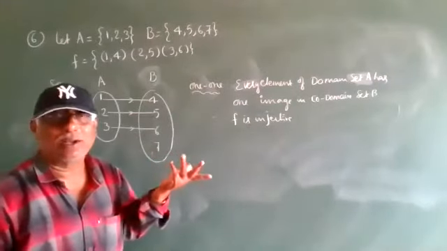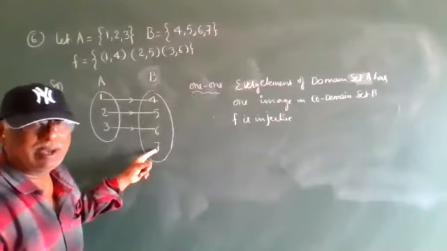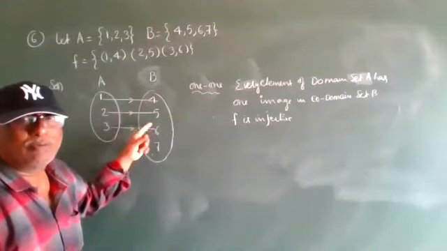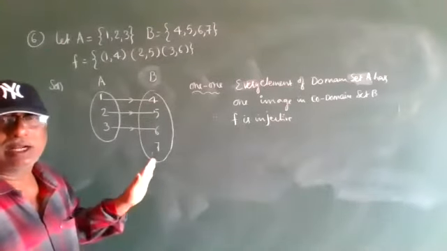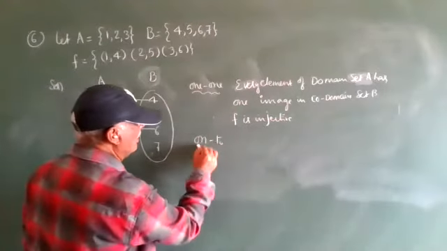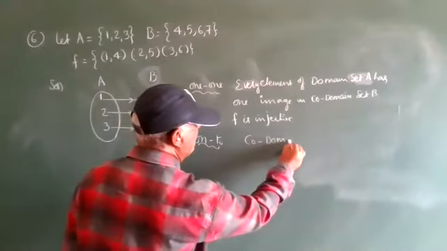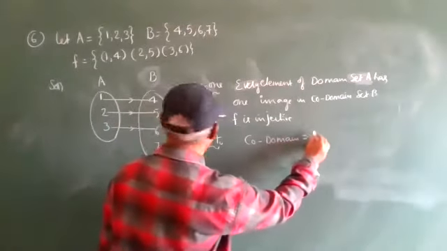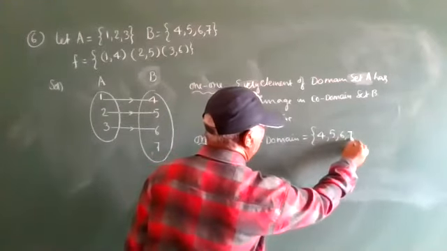Onto: it is not onto. Why? Codomain is 4, 5, 6, 7. Range is only 4, 5, 6. Codomain and range are not equal. It is not onto. Now simply I will write. The codomain elements are 4, 5, 6, 7.